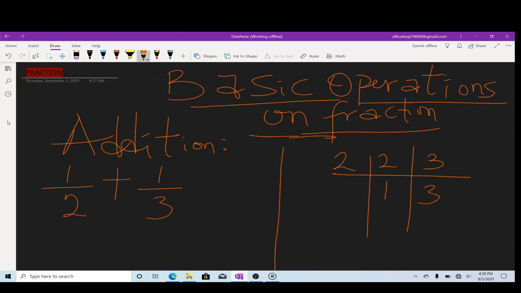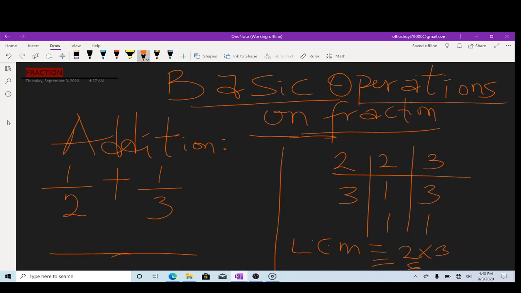Then we'll move to 3. So we have 3. 3 in 1 is 1. 3 cannot divide 1, is still 1. 3 in 3 is 1. So our LCM will be 2 times 3, and that is equal to 6. So our LCM here is 6.